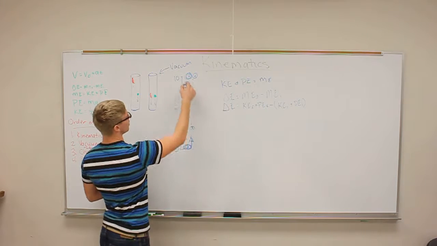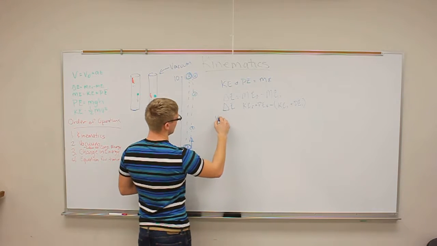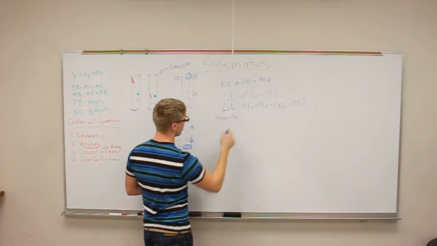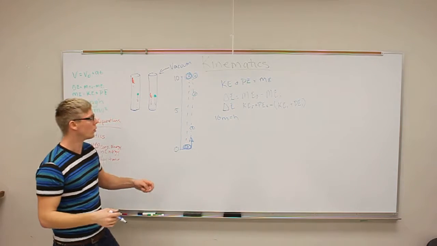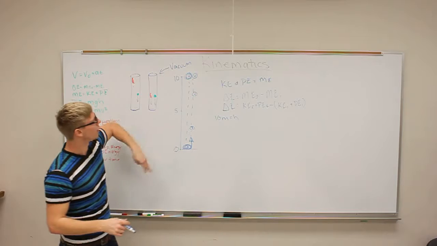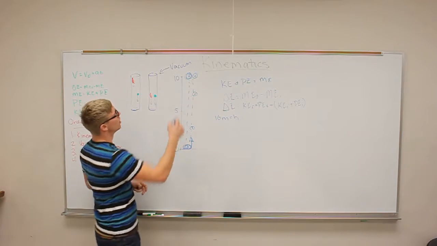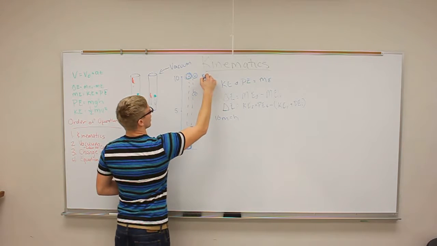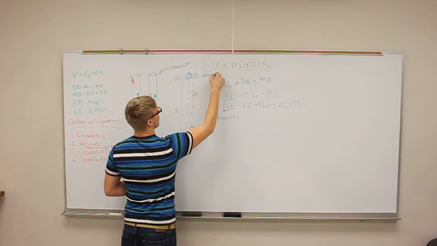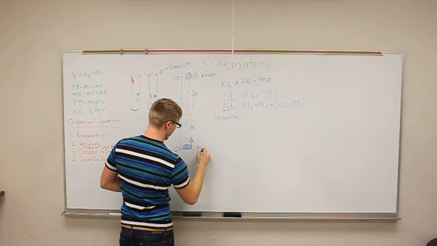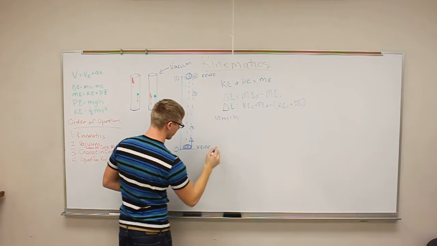So, if we have the ball at 10 meters, that's the height of the ball being dropped. We can find the exact point of energy it has right here and then here. So at the top it's kinetic energy plus potential energy, and then at the bottom it's kinetic energy plus potential energy.